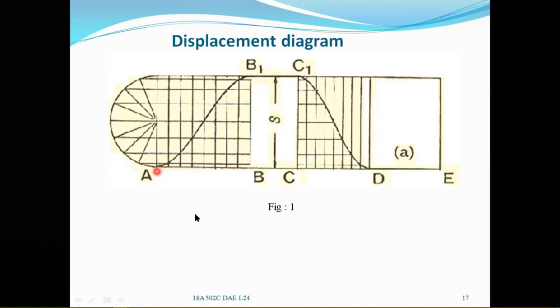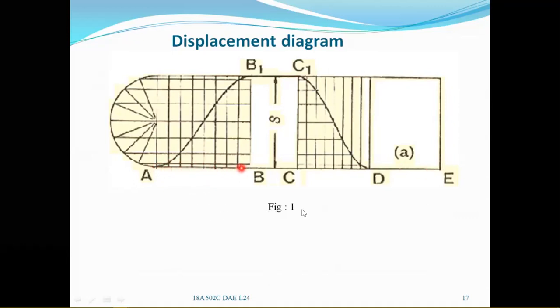And also draw a perpendicular line at point A, which represents the displacement or lift of the follower, or stroke of the follower, with the same length, and complete the rectangle by taking lines. After this, divide A to E as per the outstroke, dwell, and return stroke.